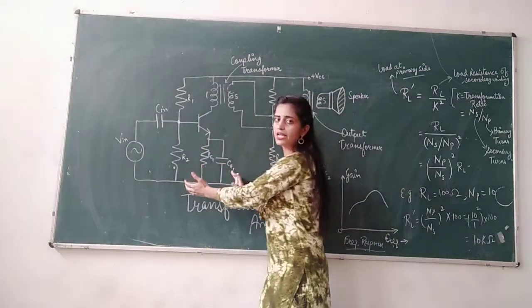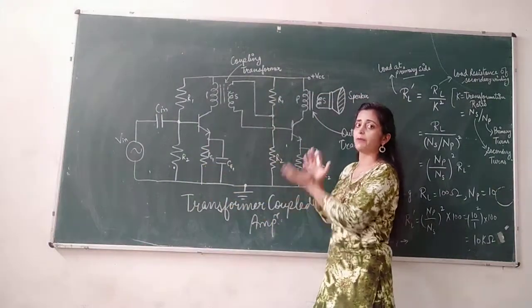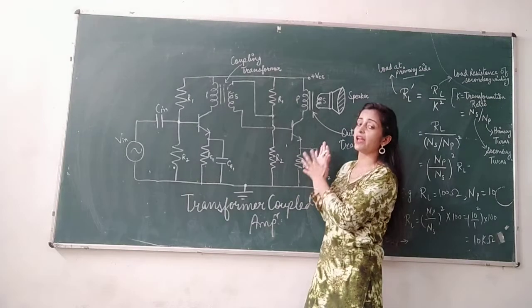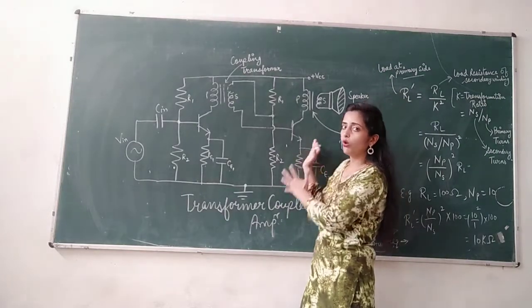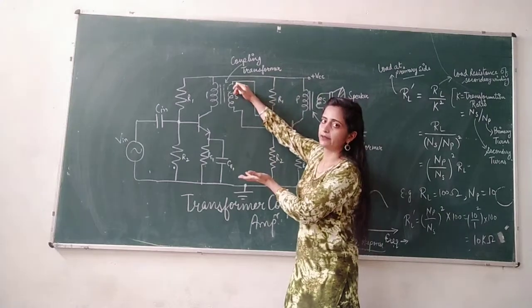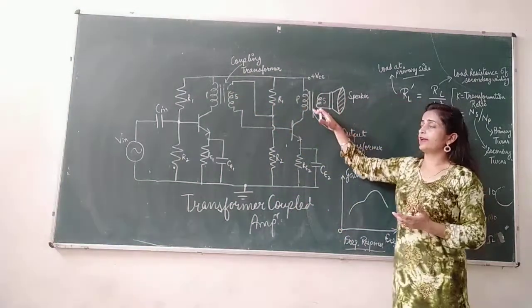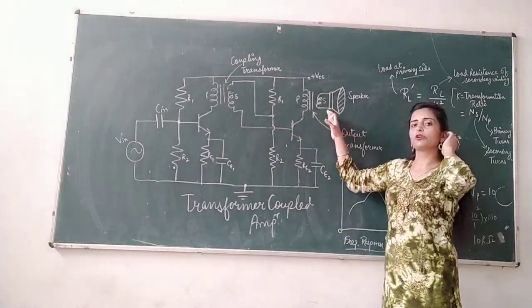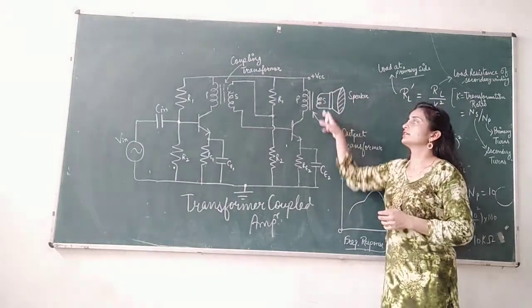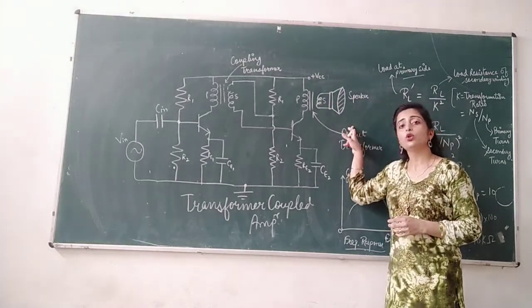This is a single stage amplifier, and the second single stage amplifier is used as a load for the secondary, right? And at this point, that is the output of the second stage, here the speaker is connected as a load.